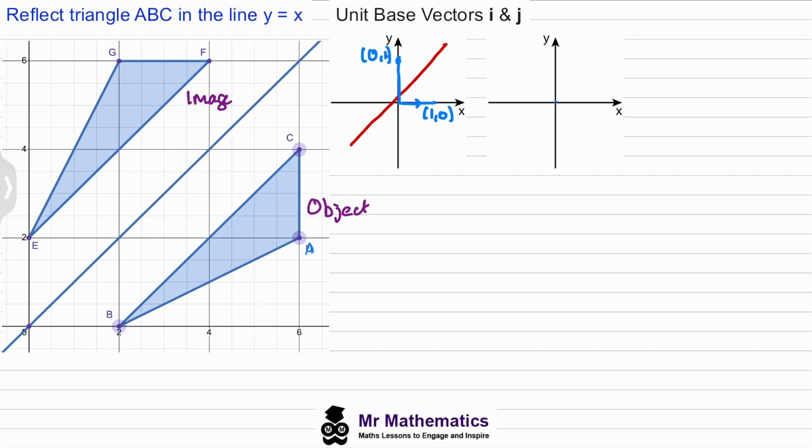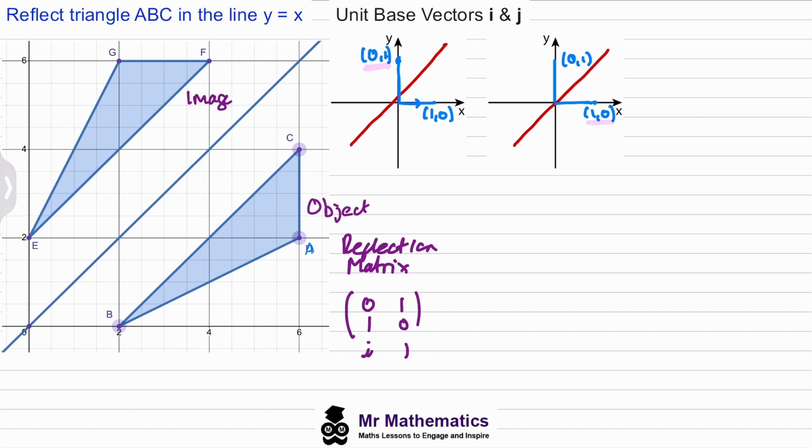And j, which has coordinates 0, 1, reflected in the line y equals x, is reflected to this point at 1, 0. So I'll just underline the transformed images of i and j. We've got 0, 1 and 1, 0. So our reflection matrix is 0, 1 for i and 1, 0 for j.